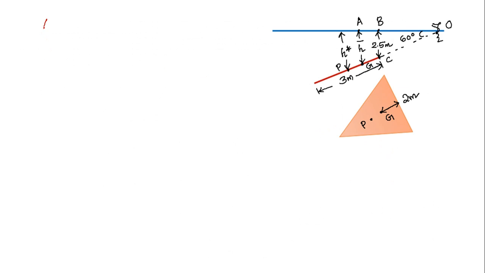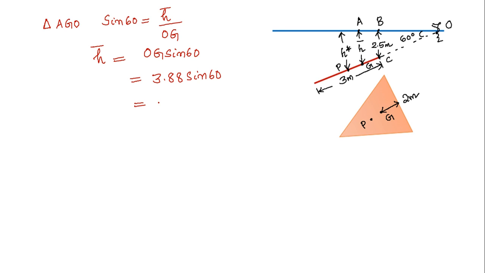Now in triangle AGO, sin 60 is equal to h bar divided by OG. From this, h bar is equal to OG sin 60, which is equal to 3.88 sin 60. We will get it as 3.366 meters.